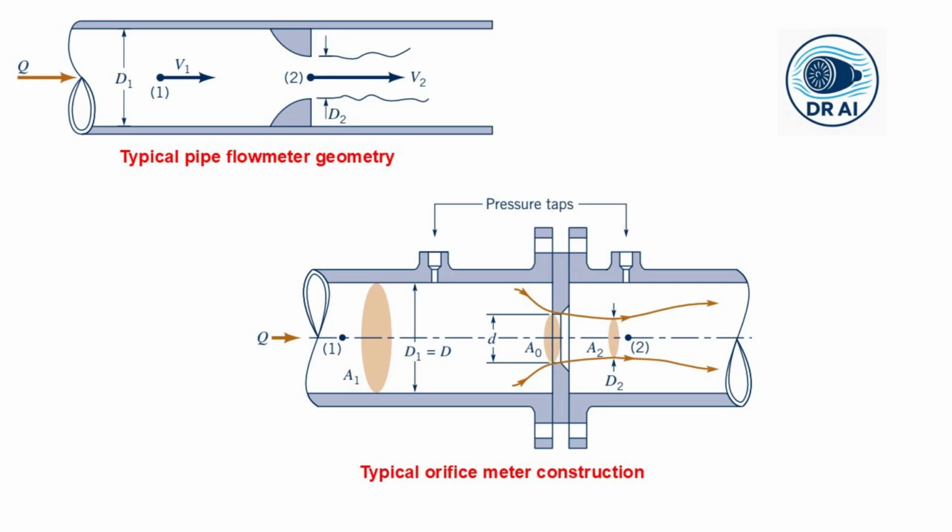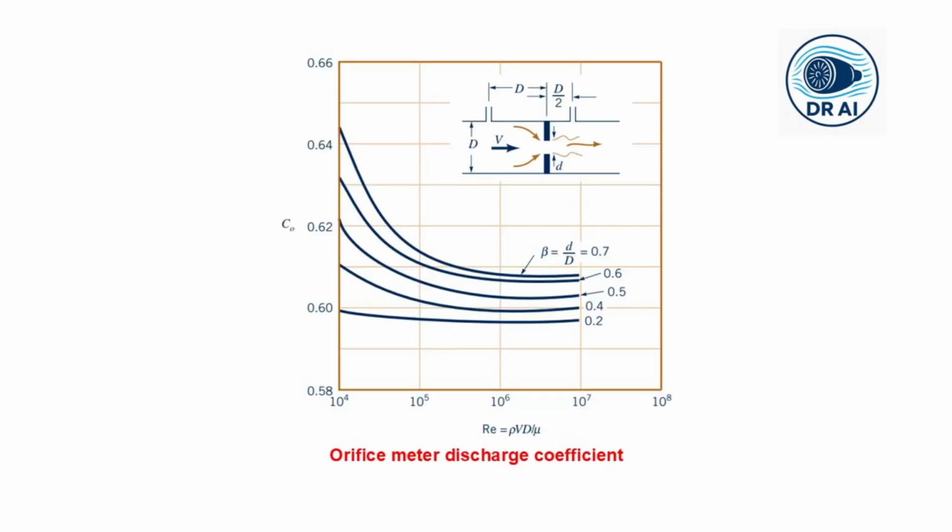The vena contracta forms just downstream of the plate, and the pressure tap at that point measures a very low pressure. The discharge coefficient for an orifice meter, denoted here as C subscript O, O for the orifice meter, is quite sensitive to the details of the construction, where the pressure taps are placed, whether the edge of the hole is sharp or beveled.